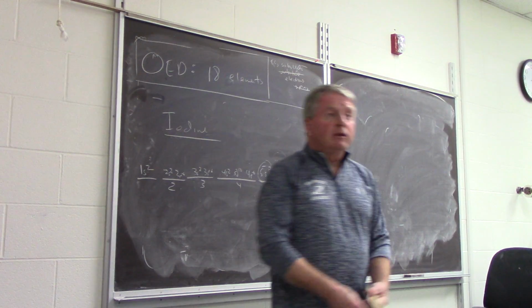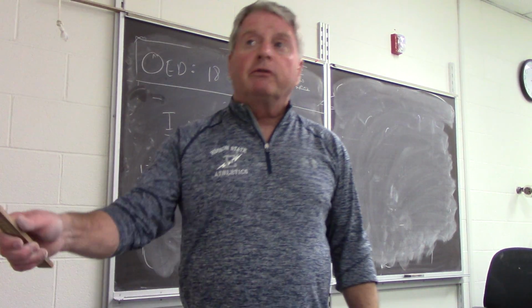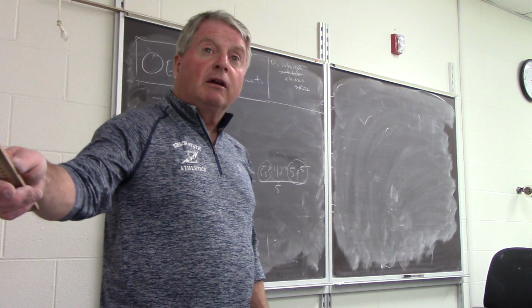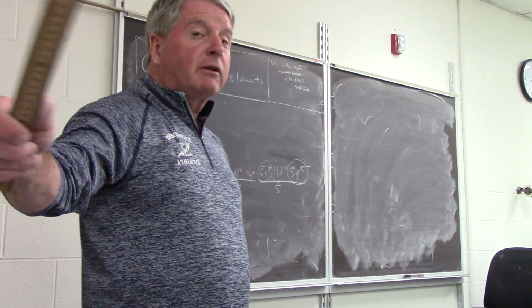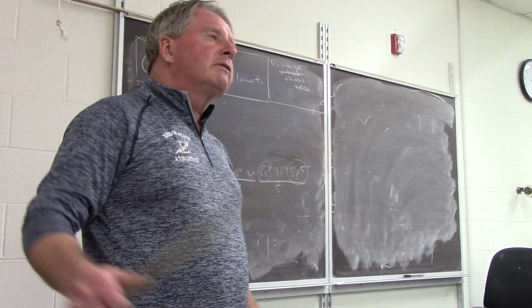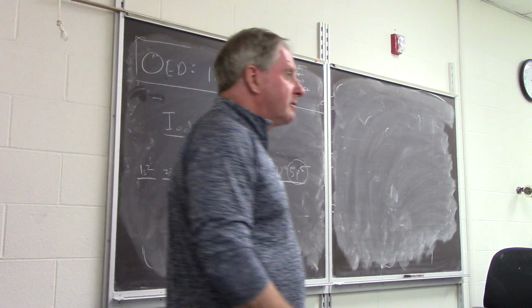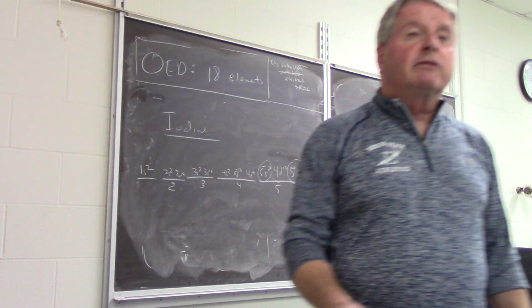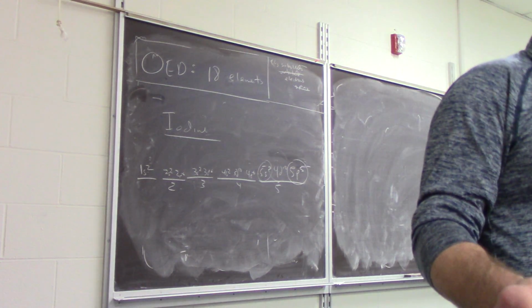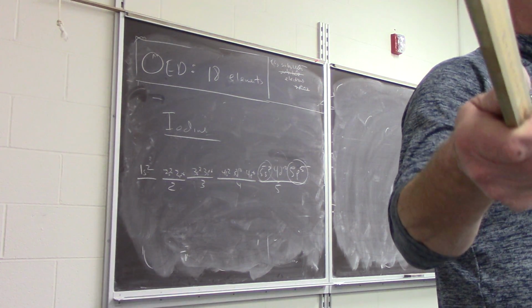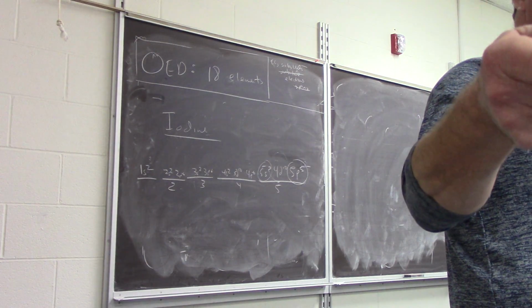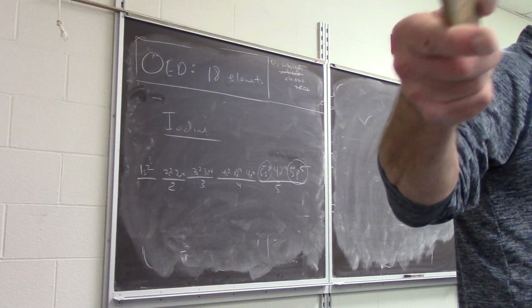I want you to do the electronic configuration only through xenon. It gets a little complicated when you get into row 6 because you have to throw the F's in, and it's not hard to do. It's just another pattern. So, for instance, if we wanted to figure out mercury, mercury is in the 5d10s.